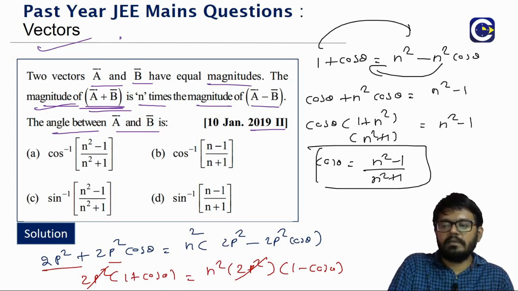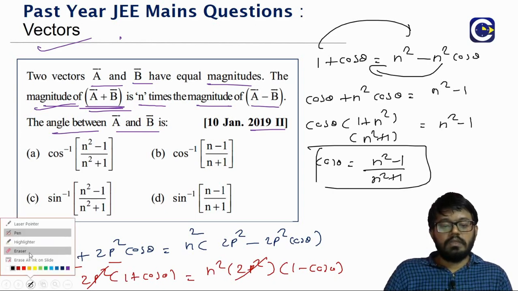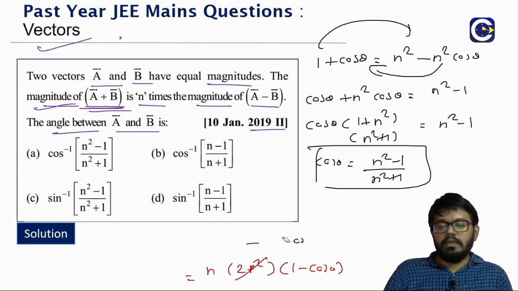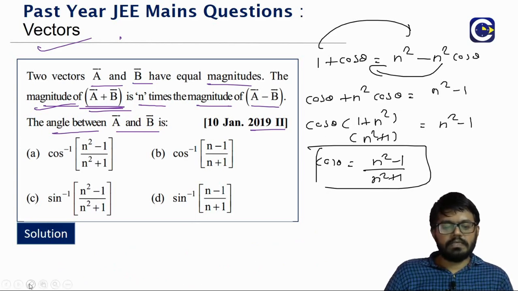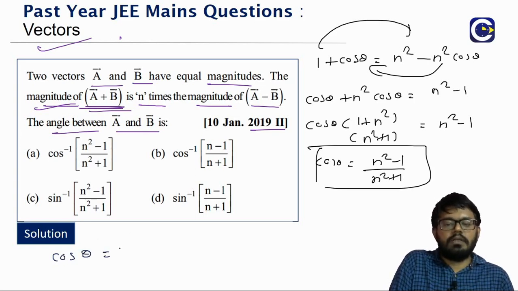This is cos theta. If cos theta is equal to n square minus 1 by n square plus 1, then in the language of inverse trigonometric functions, what do we call it? For example, if somebody gives cos theta as 2 by 3, then to express theta we will say theta is equal to cos inverse 2 by 3.